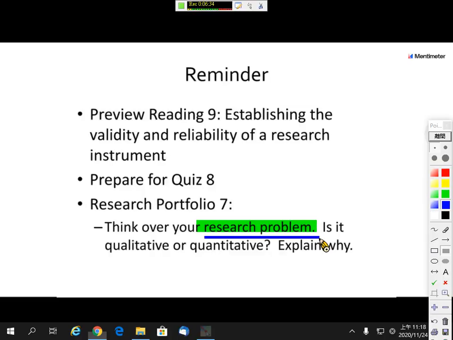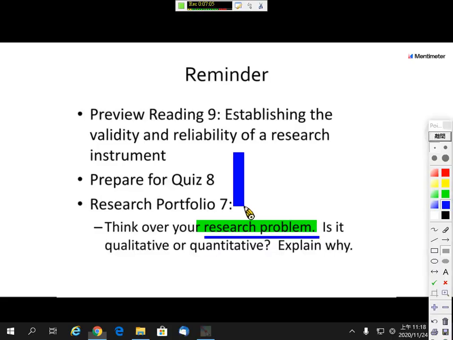This one is very important because I need to take a very close look at your research topic and give you sound advice about what kind of courses you need to take for the next semester. So you need to think very carefully about the research topic. Research topic is very important.